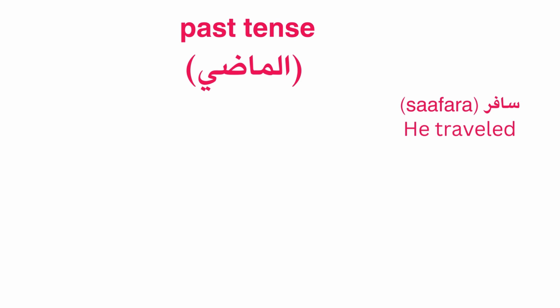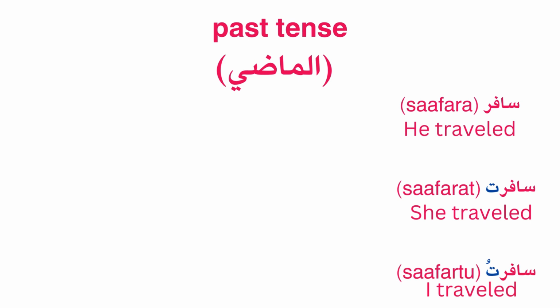Past tense. In past tense, safara, he traveled. Safarat, she traveled. Ta for she with a jism, she traveled. But when safartu, ta with damma shows I traveled.